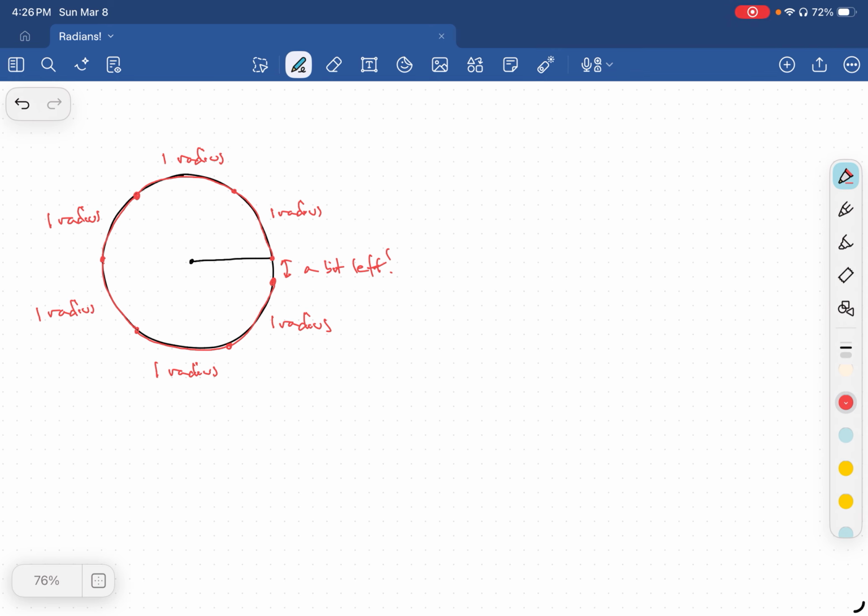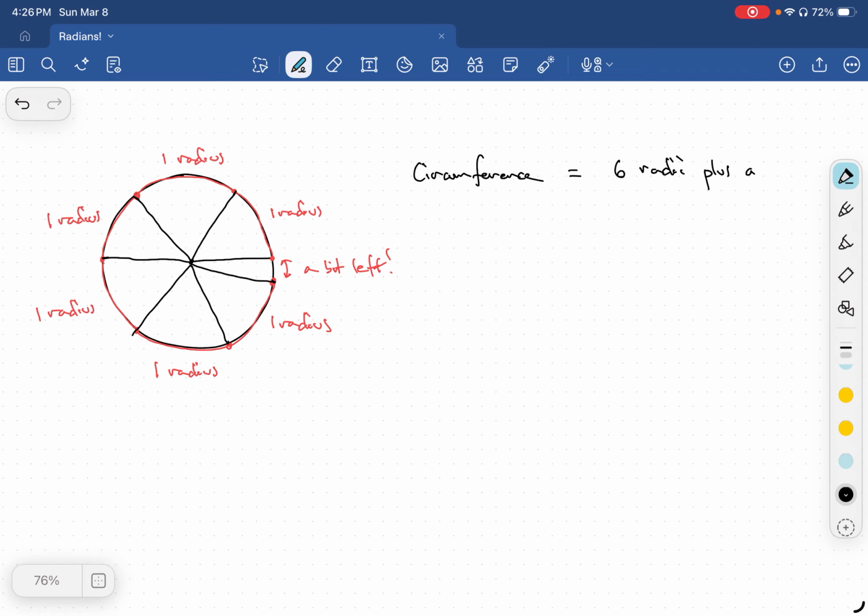So what I've shown is that if you lay your radii around the circle, you should get 1, 2, 3, 4, 5, 6, and a bit more. So essentially the circumference of a circle is 6 radii plus a bit more. Well, you may be thinking, wait a second.